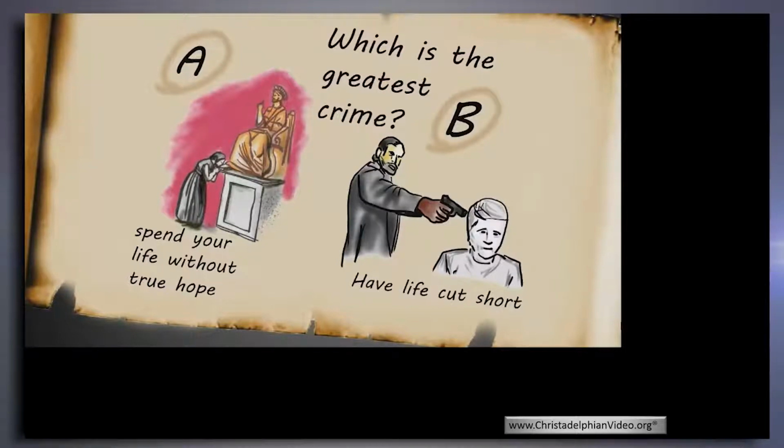So which is the worst crime? To knock someone off straight away, or to teach someone that they have a hope beyond this life, to make them serve for that purpose all through their life, and then it's nothing at the end after all. They've spent all of that time, all their life, for nothing. I reckon Group A is the greatest crime of all time.